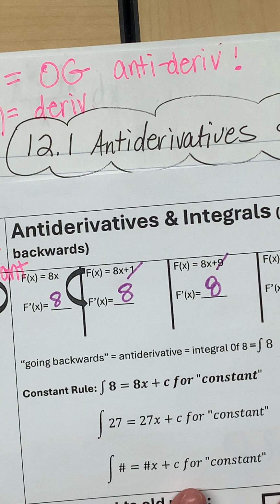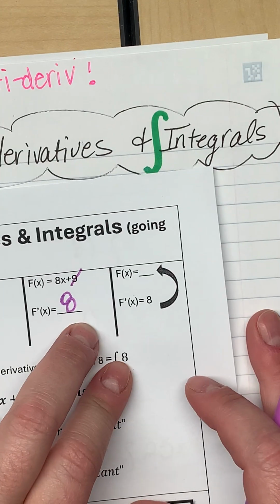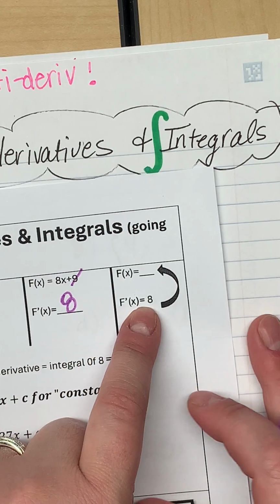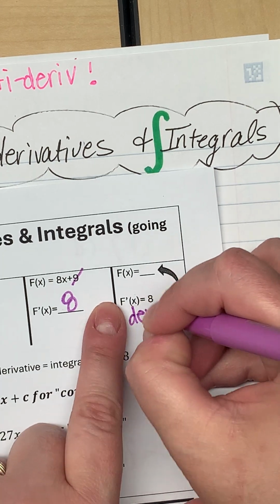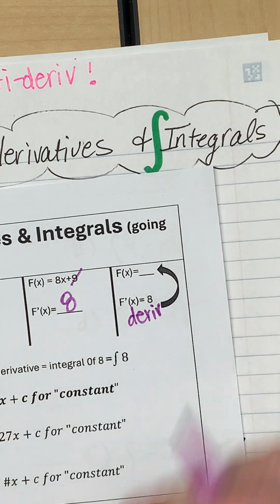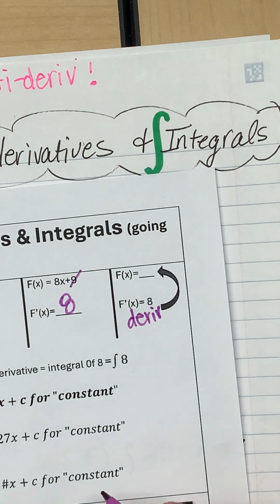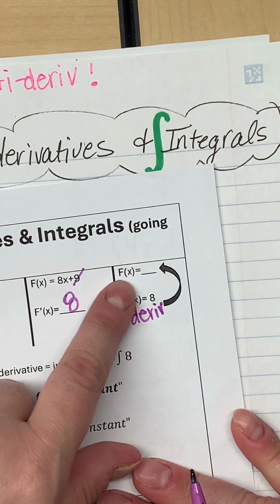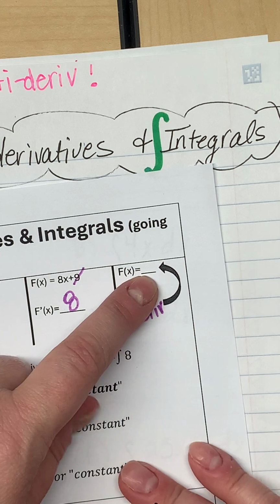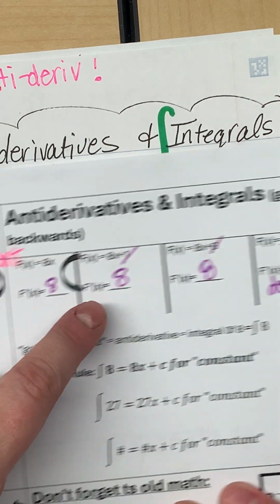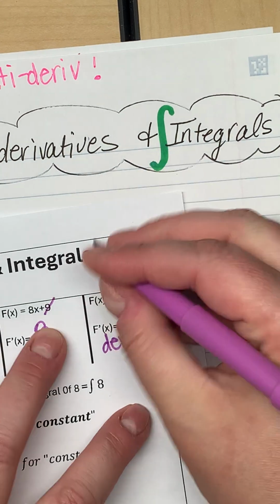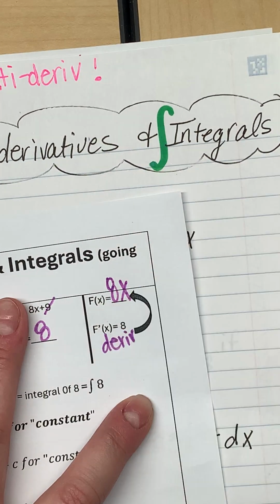So if you are given the derivative 8, and you want to go backwards and find the antiderivative, the antiderivative is going to be the original. What did all these have in common? 8x. So definitely 8x.